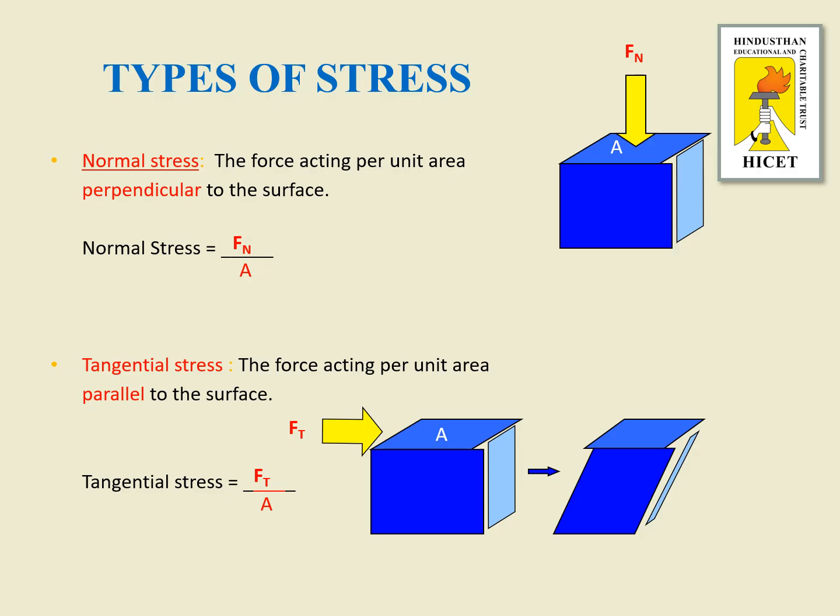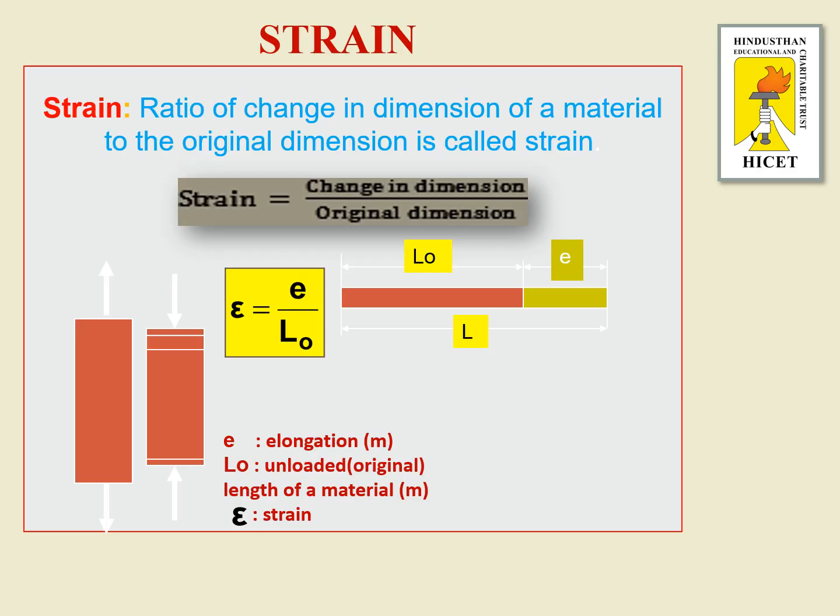Normal stress will be perpendicular to the surface, whereas tangential stress will be parallel to the surface. Tangential stress is equal to Ft, the tangential force, divided by the area A.